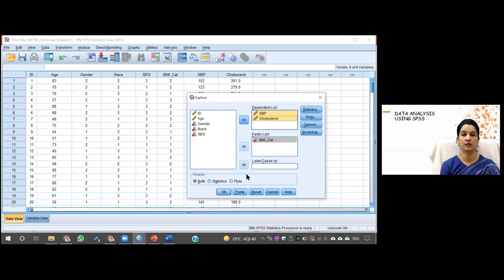If I wanted the mean, median, mode, interquartile range, trimmed mean, percentile, kurtosis, skewness, I would click Statistics. But I assume I have done that in the initial part of the analysis. So I'll come to this Plots.